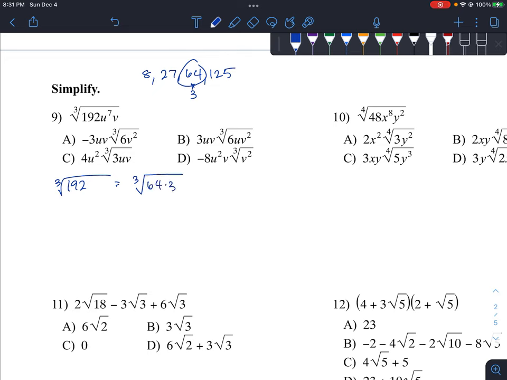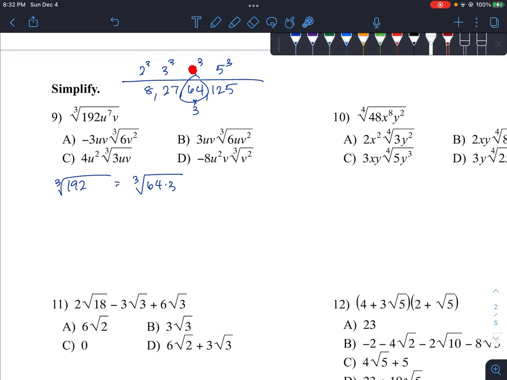Okay, and then, well, let me go ahead and just add this. So we got 8 by cubing that right there. Then we had 3 cubed, then we had 4 cubed, and then we had 5 cubed. So that means the third root of 64 is going to be 4.